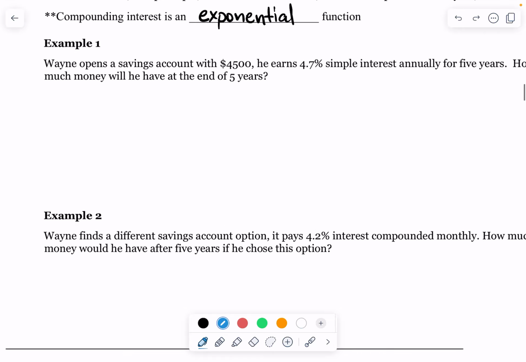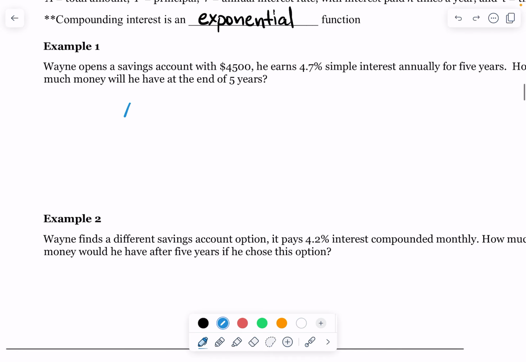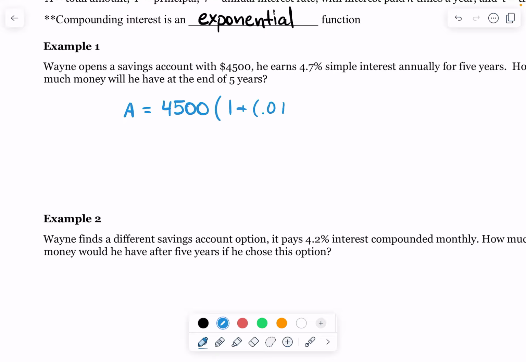So to start with, we want to calculate how much money he'll have at the end of 5 years for the simple interest loan in example 1. We'll say A, our total amount, is going to be equal to the principal, so $4,500 invested, times 1 plus the interest rate, which as a decimal will be 0.047, times 5, the amount of time that we have for this.